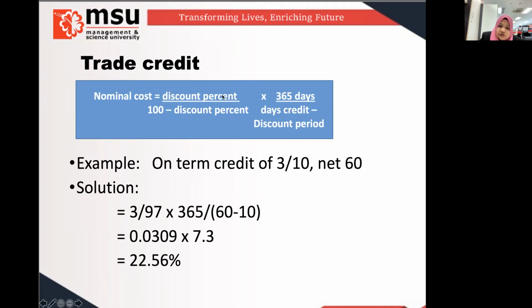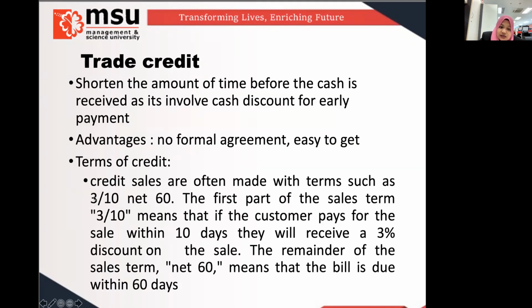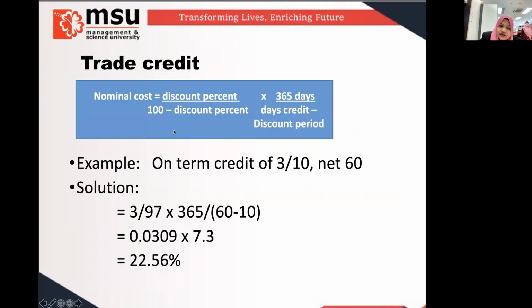For example, 3/10: 3 divided by 100 minus 3, which is 97. So 3 divided by 97. Why 97? Because 100 minus 3. Hold on to this answer.